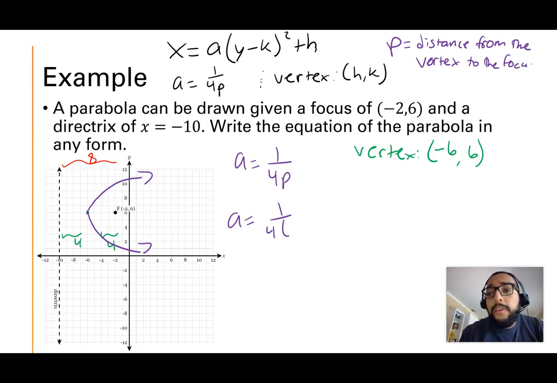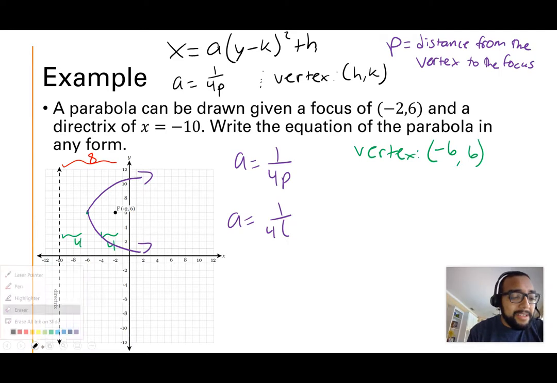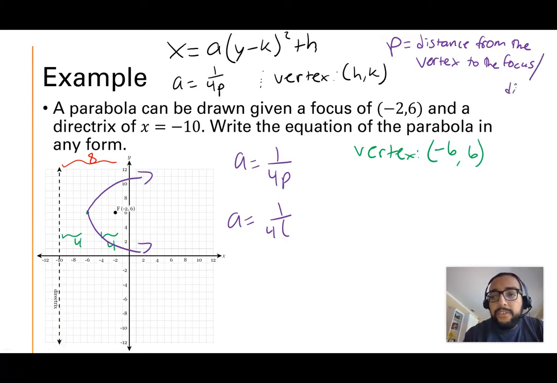I'll do a slash so you don't think it's focus divided by directrix. So the value of p is your distance from the vertex to the focus or from the vertex to the directrix. It doesn't matter because my vertex is straight in the middle between the two.